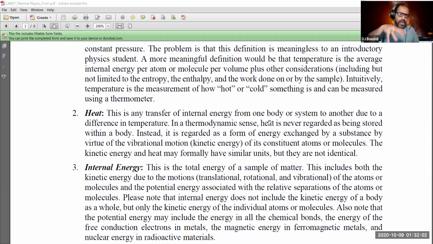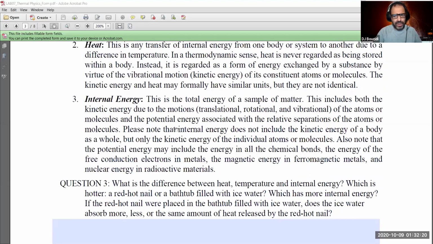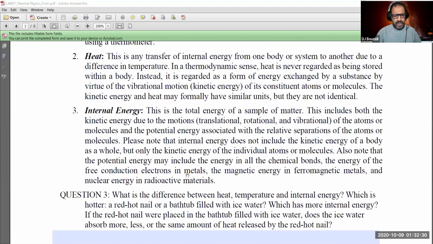Internal energy is the total energy that includes basically the potential for the object to do work and the potential of the object to actually produce heat. And the definition is in here too, okay? That's the question related to this stuff. So we're going to go back into these definitions, ignore the formal definition and go to the simpler definition for temperature, read heat, and answer question 3.